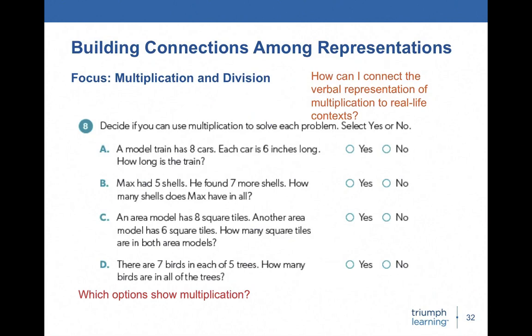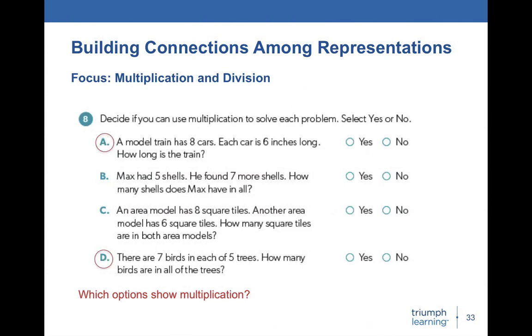The first one here, the model train has 8 cars. Each car is 6 inches long. Okay, there we've got a measurement meaning, but that's very definitely multiplication. The second one, Max had 5 shells. He found 7 more. Okay, it's putting a set with another set, but it's addition. The third one involves area, but it's been worded in such a way that if students are looking for key words, they'll not realize that this is an additive situation and not a multiplicative situation.